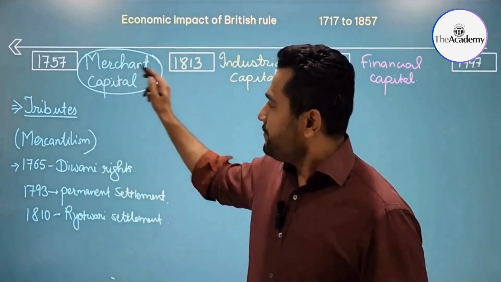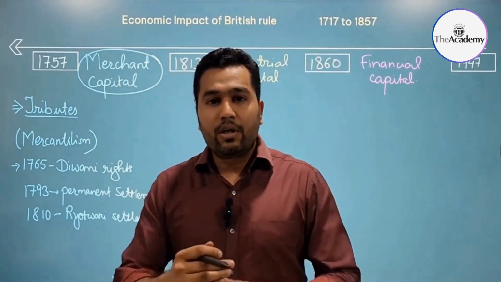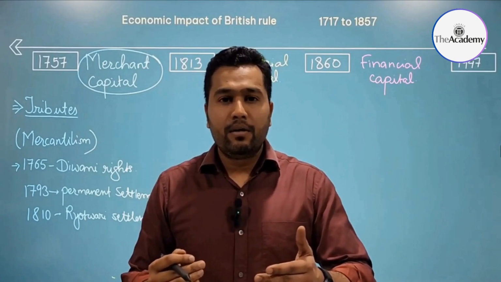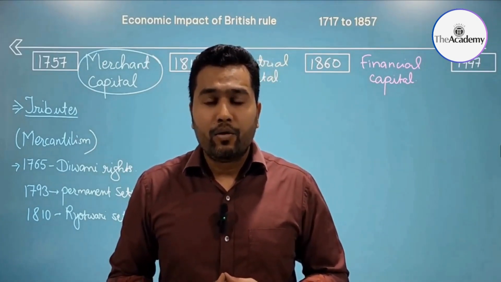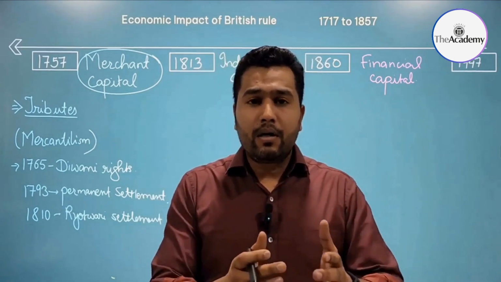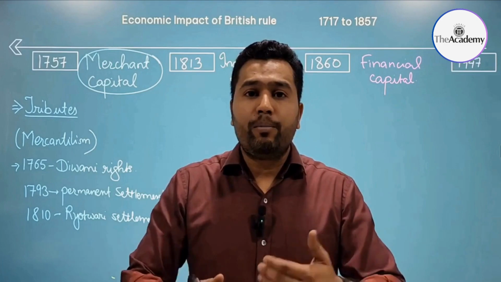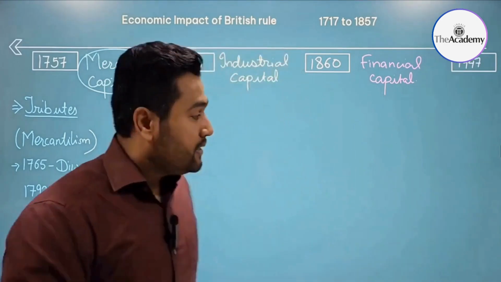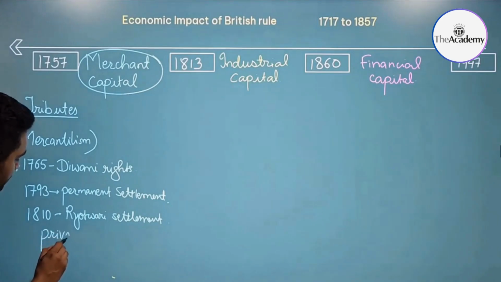The first phase of colonization witnessed the British converting land into a commercial entity. So from a community owned property, land was transformed into a private property. Let us understand this transformation or concept of private property introduced by the British.